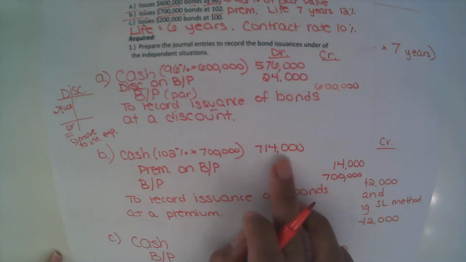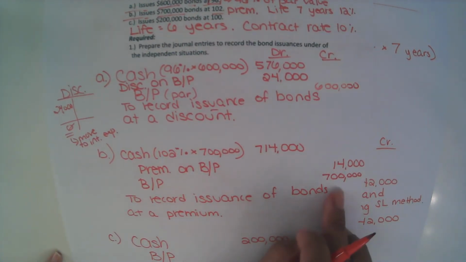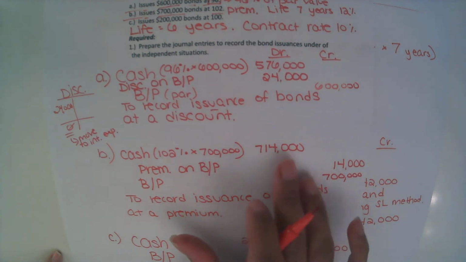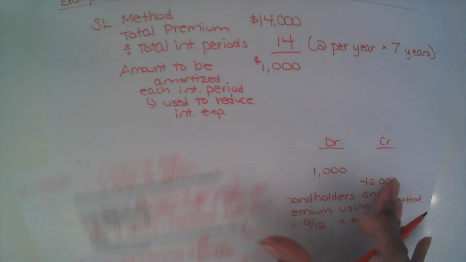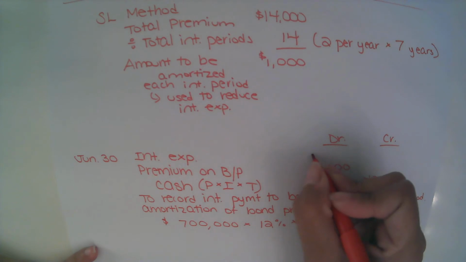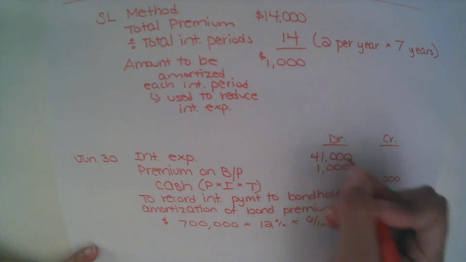Interest premium, if you think about what's happening, we got more cash than we have to repay. We got more, so we have a benefit. We're going to use that benefit to reduce the cost of borrowing, to reduce interest expense. So this is now 41,000.